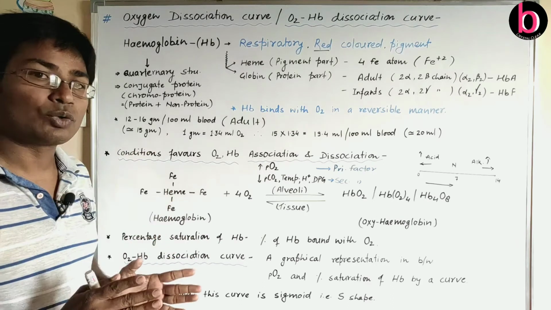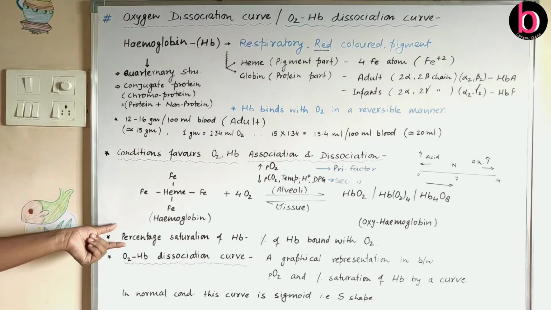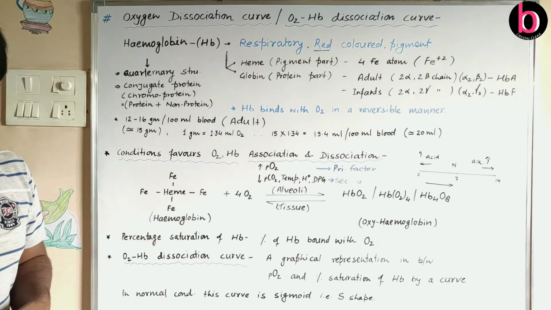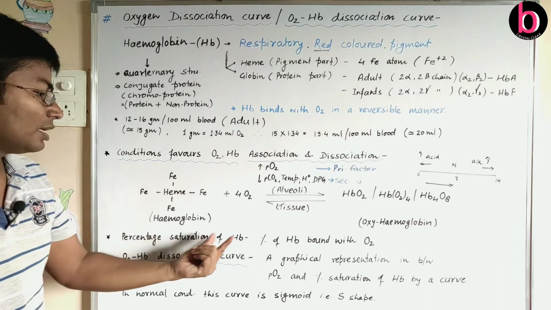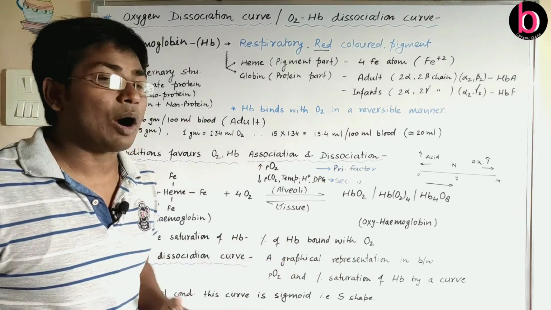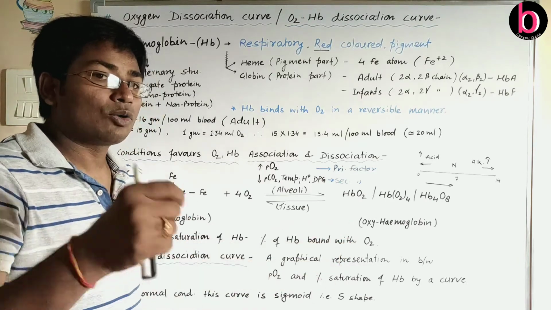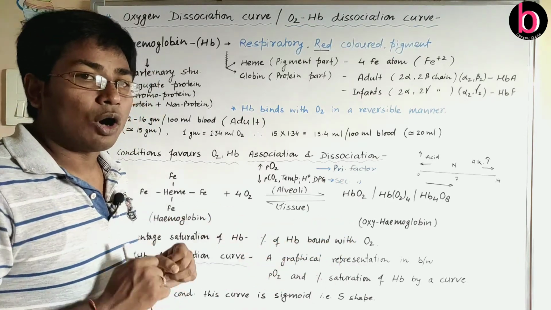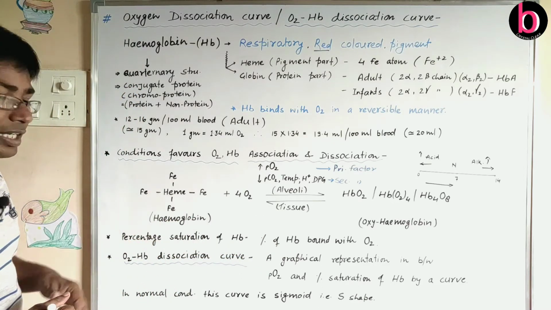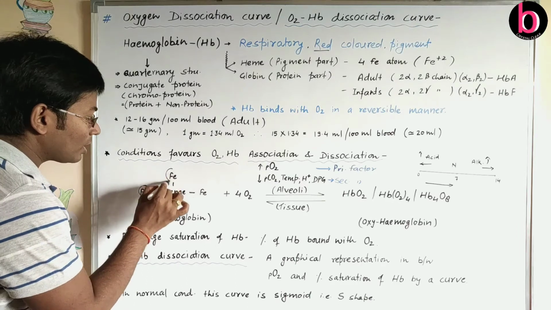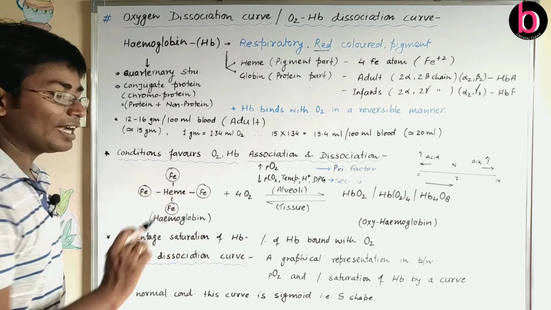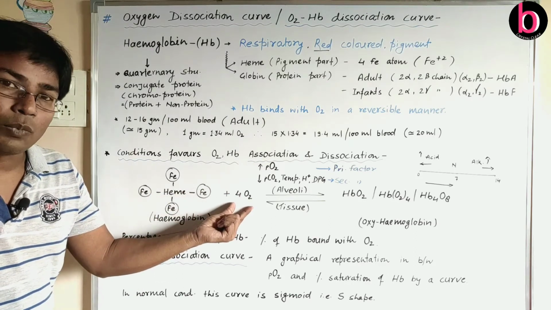molecules are getting produced. Now next thing here, percentage saturation of hemoglobin. So what is percentage saturation of hemoglobin? This is simply about the hemoglobin percentage which is bound with oxygen. What amount of hemoglobin is bound with oxygen? This is known as percentage saturation of hemoglobin. As we discussed, there are 4 iron atoms, and each can bind with 1 oxygen molecule.